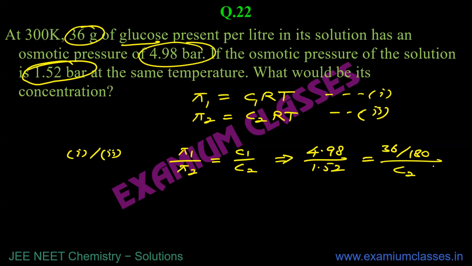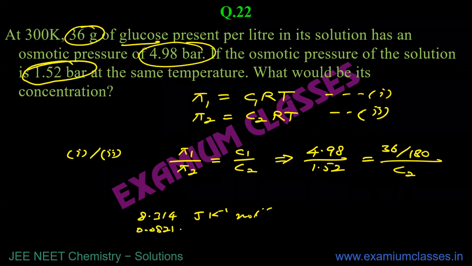All values of R, Vedant, I have explained quite a few times, and these are given in the notes also. I'm just telling you very quickly, R is 8.314 Joule per Kelvin per mole. It is 0.0821 atm liter per Kelvin per mole.